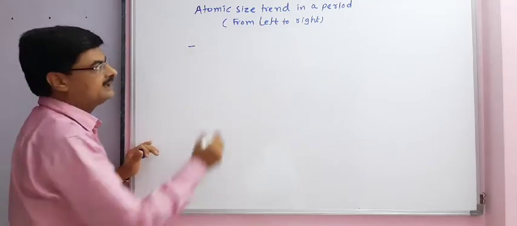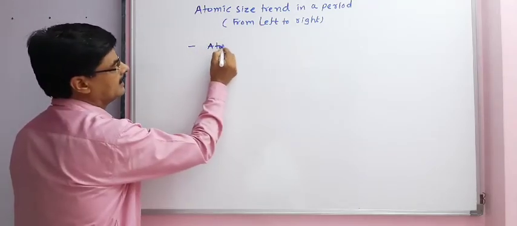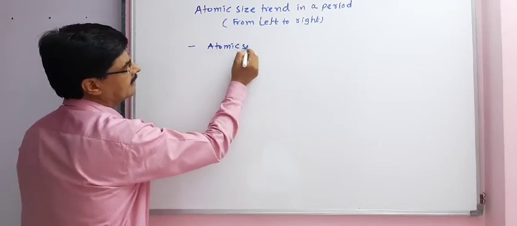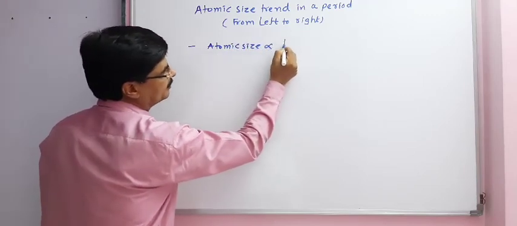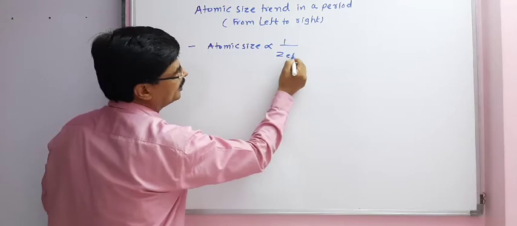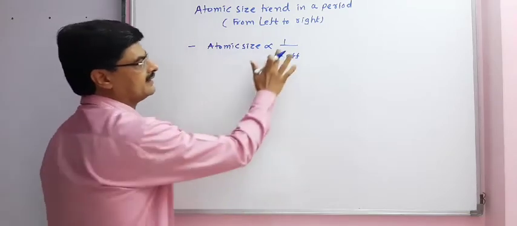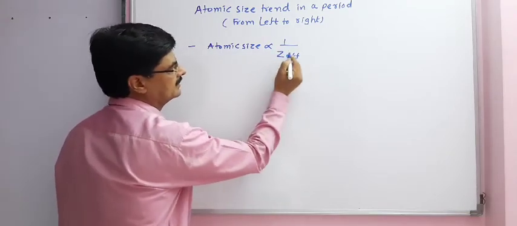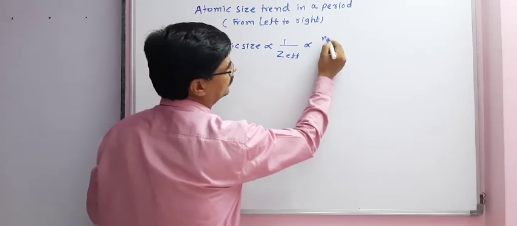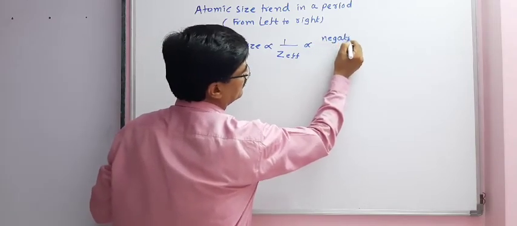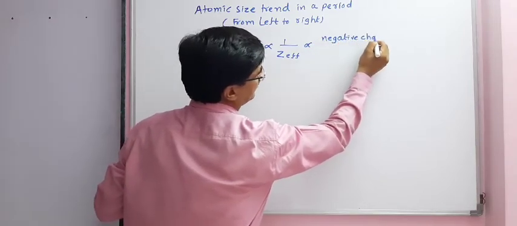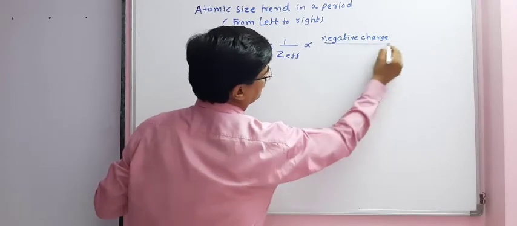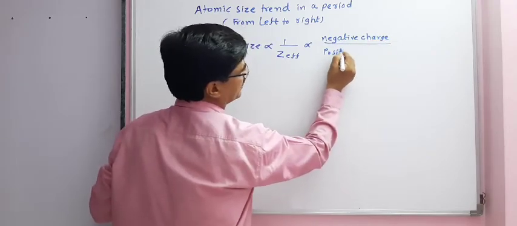First we can write atomic size is proportional to 1 upon Z effective, that is effective nuclear charge, proportional to negative charge upon positive charge.